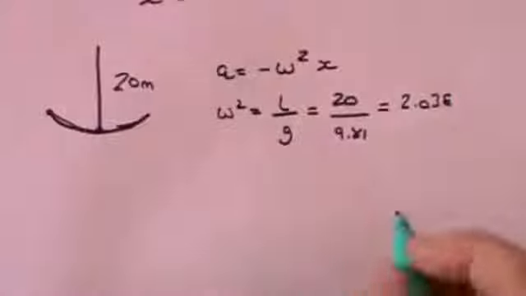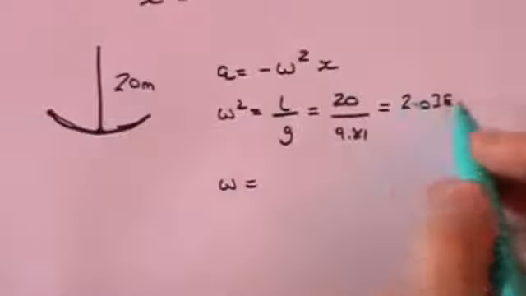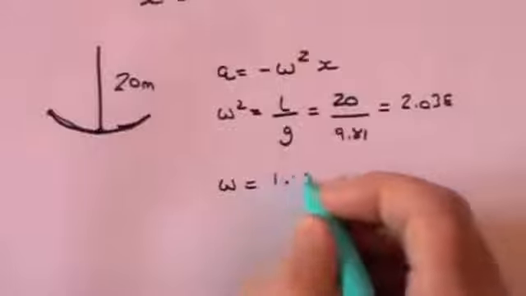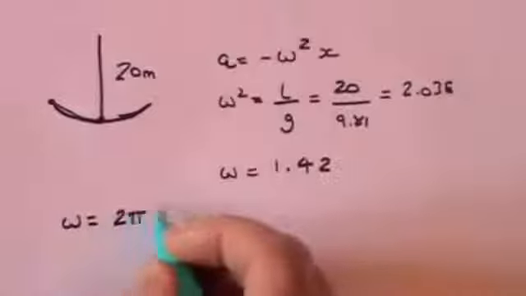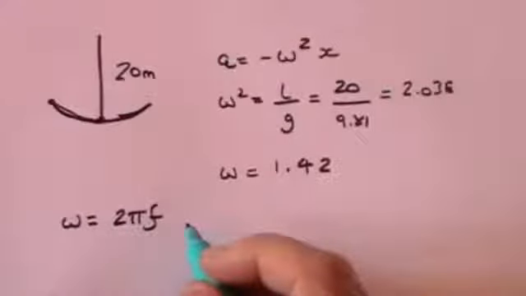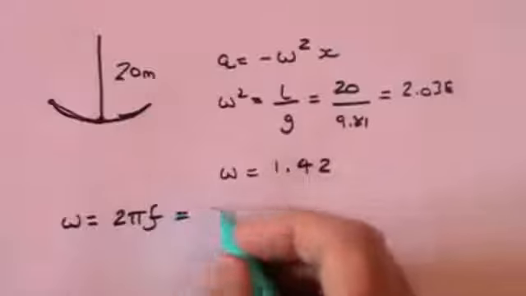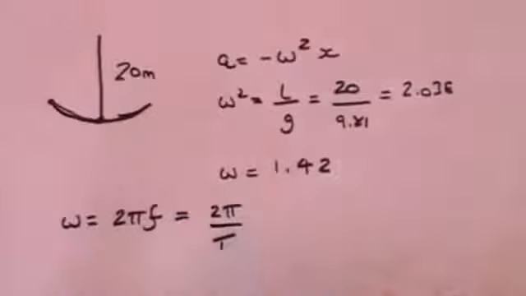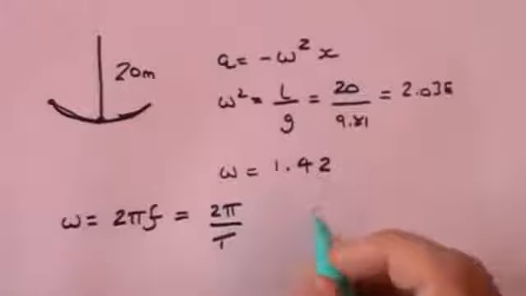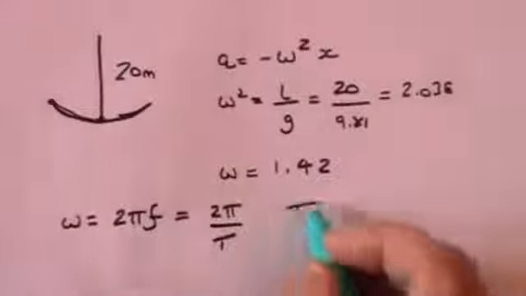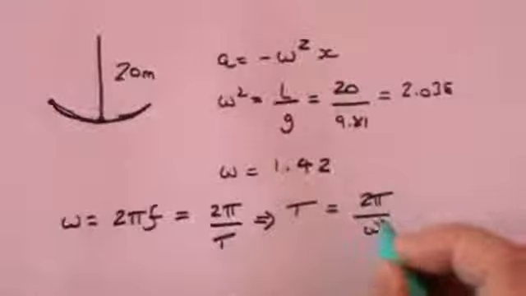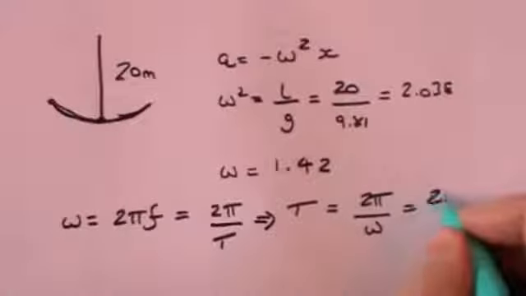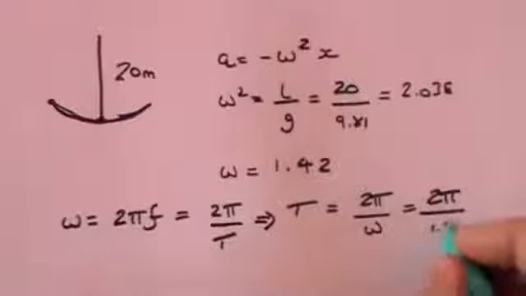2.038. And so omega is going to be the square root of 2.038, which is 1.42. But omega, of course, equals 2 pi f, times the frequency. And that's also equal to 2 pi divided by T, because the frequency is 1 over T. So now this produces T is equal to 2 pi over omega, which is 2 pi divided by 1.42.